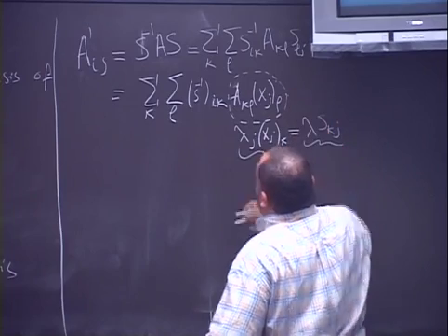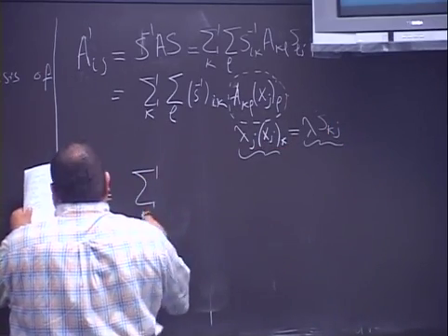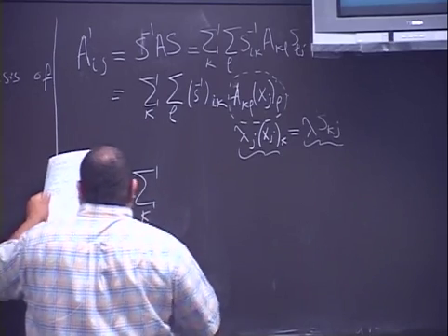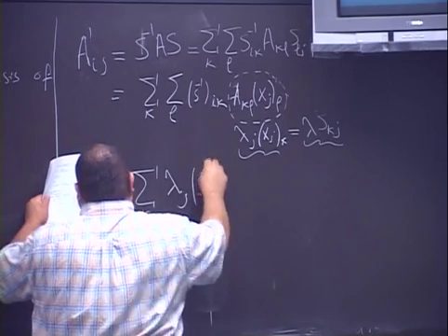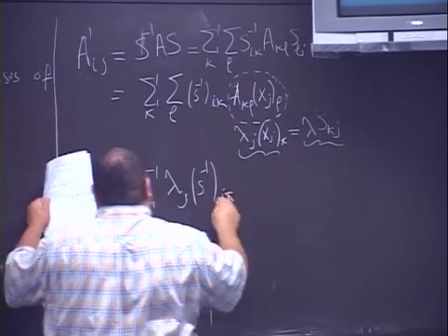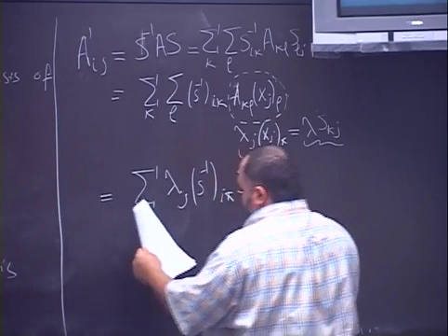So if you take this and substitute it here, this will give you summation over k of lambda j s minus 1 i k s k j.